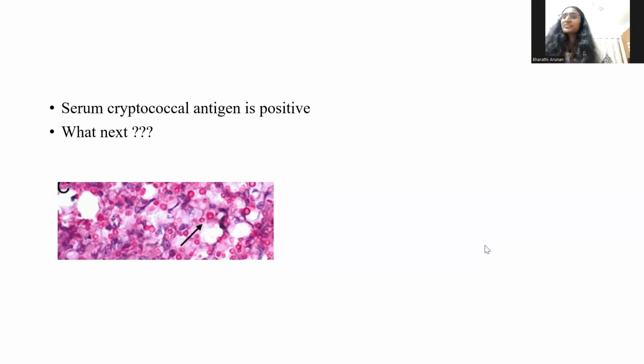CSF, and maybe lung imaging. CSF first. So, Dr. Bharati, yes sir. I'll just add one thing here: serum cryptococcal antigen is a very, very good test. It has great specificity and sensitivity.